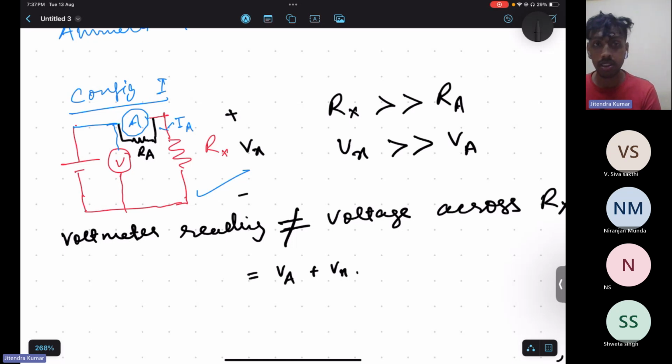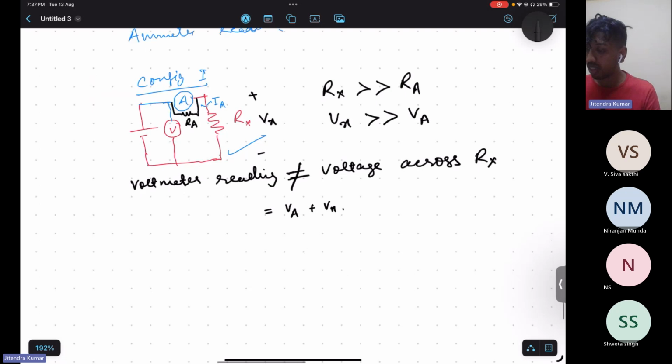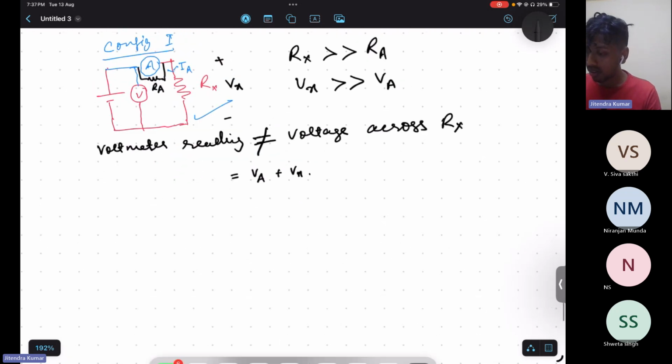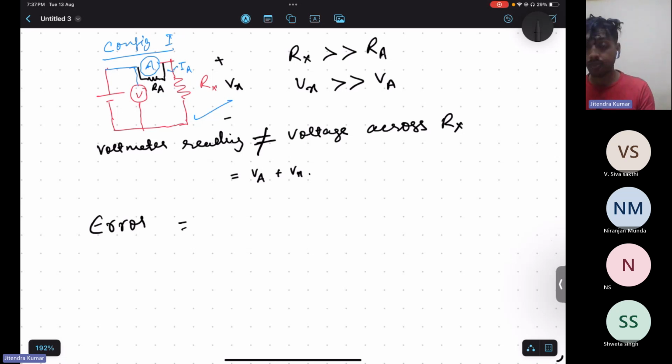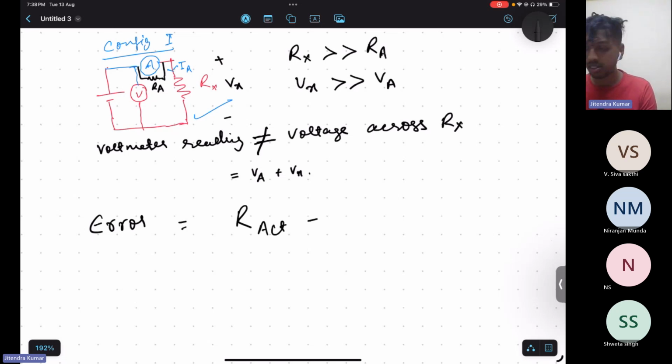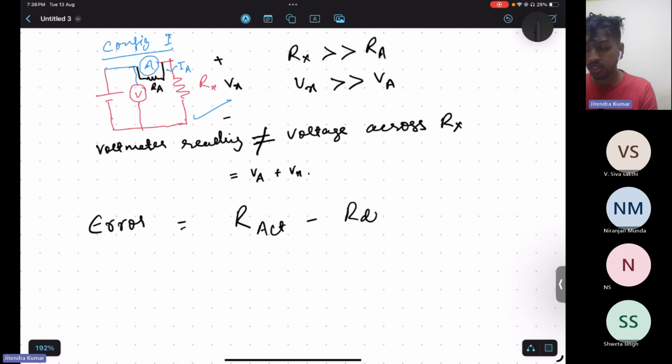So what will the error be? If you calculate the error, it will be the estimated Rx, meaning whatever we calculate, minus the actual value, divided by the actual value, isn't it?